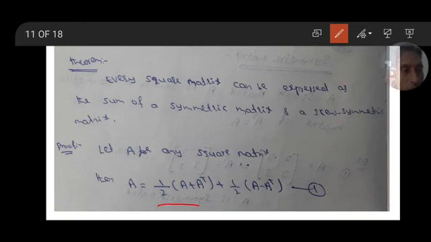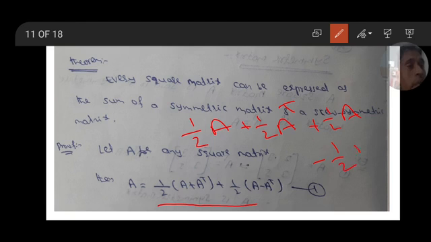If you simplify this, multiply with 1 by 2, we get 1 by 2 A plus 1 by 2 A transpose, next plus 1 by 2 A minus 1 by 2 A transpose. I am simplifying equation 1.